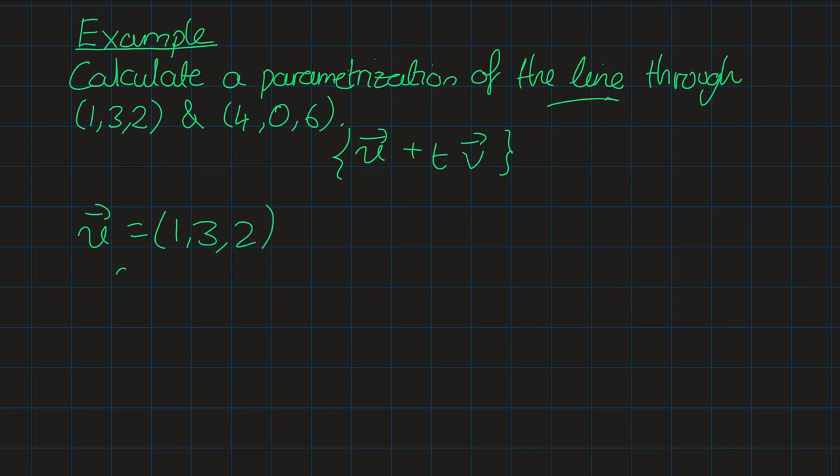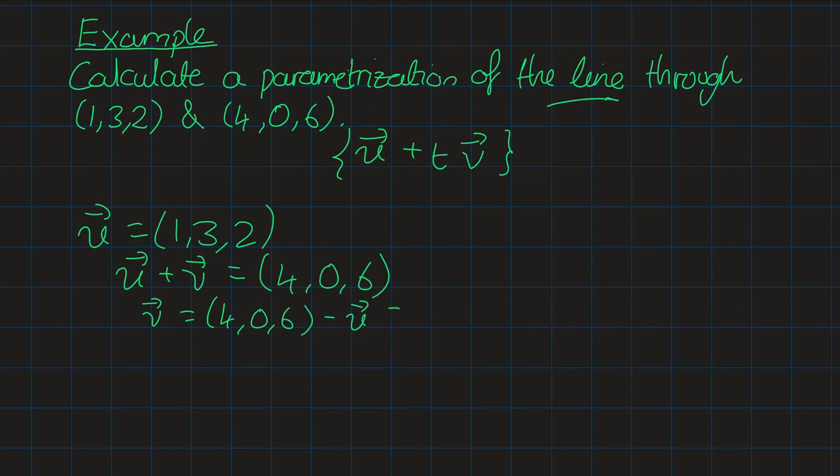And then to work out v, you solve this equation: u plus v equals this. So this means that v equals (4, 0, 6) minus u, which is (4, 0, 6) minus (1, 3, 2), which is (3, -3, 4).